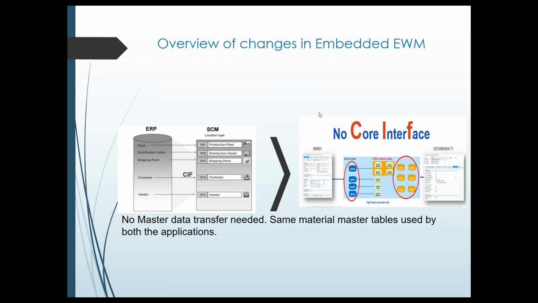In the embedded version, we do not need to maintain the core interface, being in the same system. You got my point? So by doing that, a lot of master data activities, like your cutover, will be reduced. Agreed, everyone?